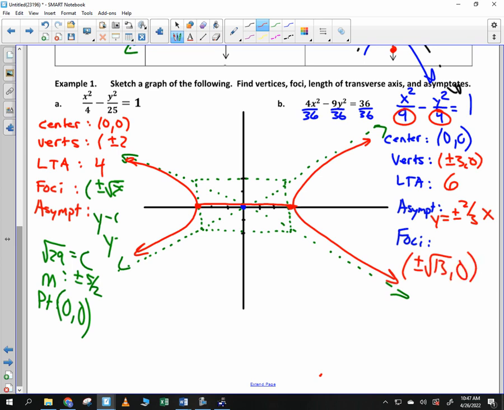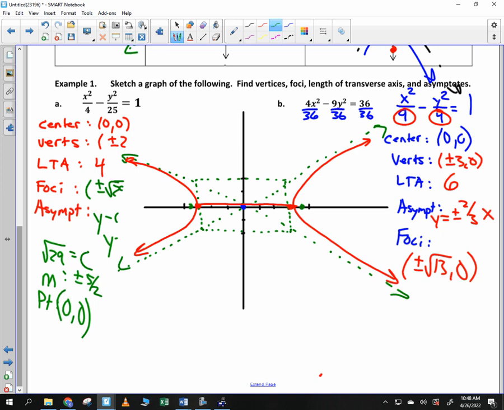How much is the root of 13? Yeah, so I just have to go just a little bit further. So you can see that these focus points are located pretty closely to the opening. So I don't even look at the A over B. I just look at my shape.